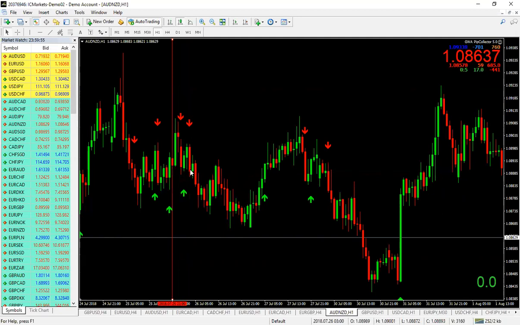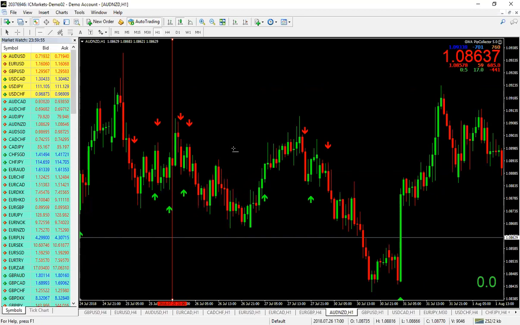If this was a trigger candle, the next candle is the entry. So if this was for a buy, it means when this red candle opened here, it came all the way down and went back up and closed here. This point is where the trade was entered, or this point is where the trade will be entered.